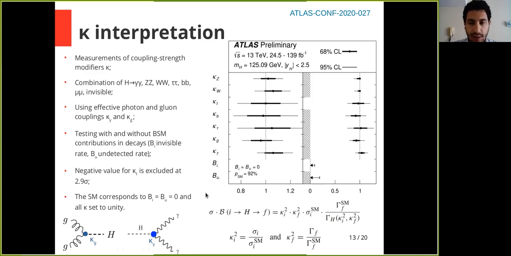The standard model prediction for this scheme corresponds to the situation where all the kappas equal 1, and the contribution from the rate to invisible decays and to undetected decays are set to 0.